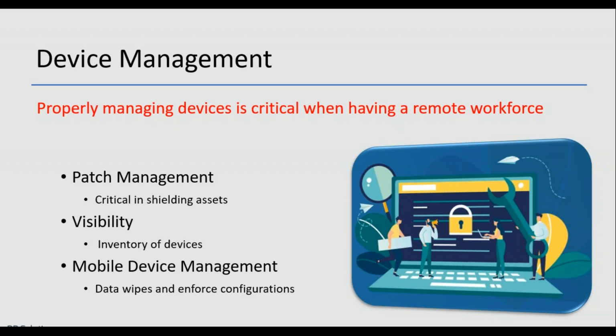We need to make sure that they have proper configurations. We need to have the ability, if necessary, to wipe the company side of the data on the phone. We need to be able to enforce patches on those devices so that they have to get updated. Maybe have screen locking, password management, all that stuff, if people are using their personal mobile devices to access company information.